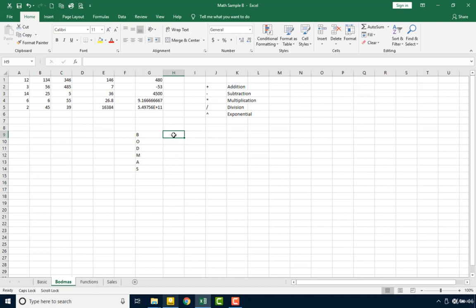This one means brackets, operand, or to the power of, division, multiplication, addition, subtraction.